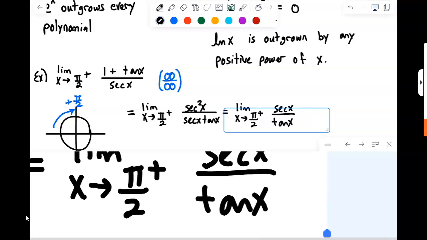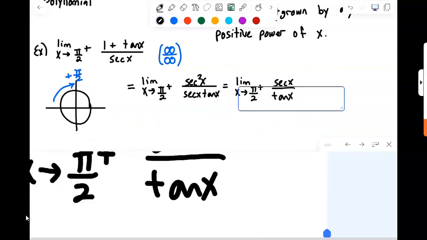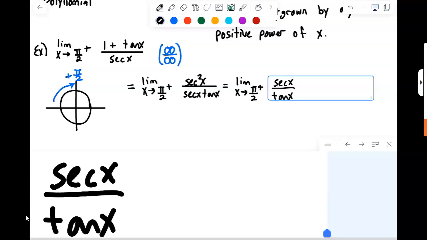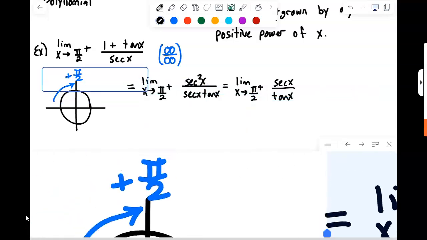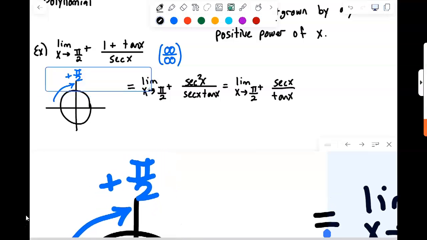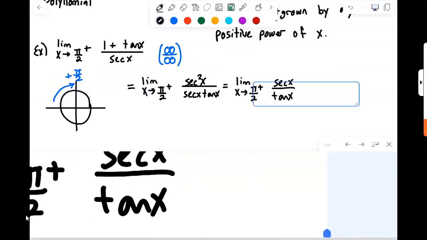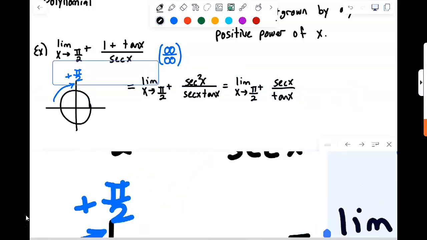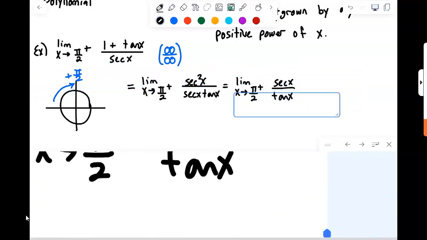Now, if we try to apply L'Hopital's rule again, we run into a little bit of a problem. See, because this is still an infinity, secant pi over 2, which as we go from the right is going to be negative infinity again. And tangent of pi over 2, same thing. As we go to that, it's going to be negative infinity again.